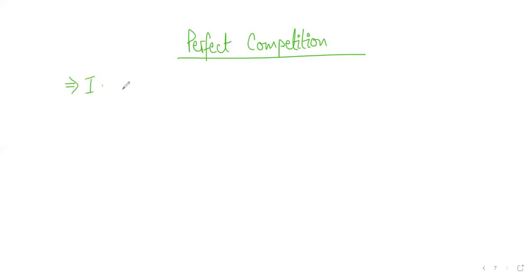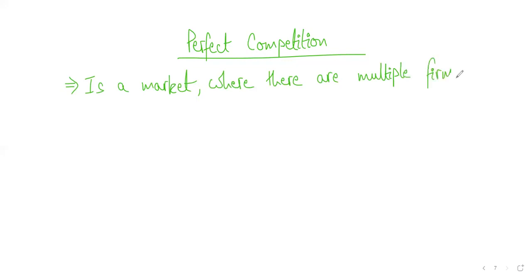So perfect competition is a market where there is a lot of competition, right? So I'm just writing a basic definition over here. It is a market where there are multiple firms producing similar products.